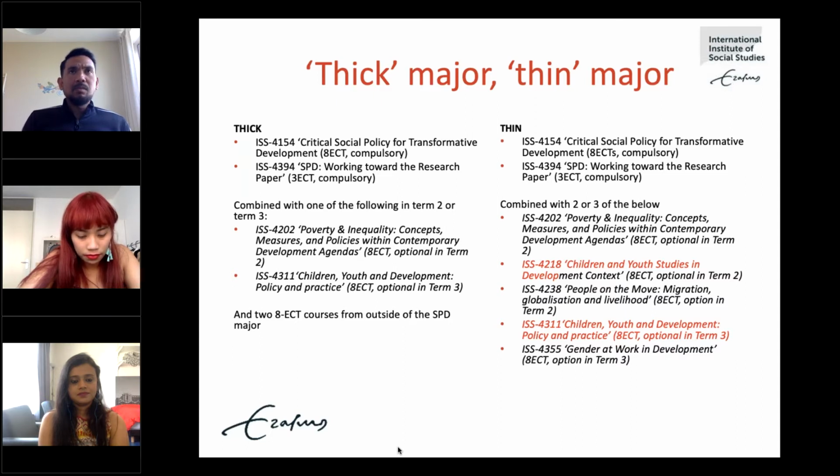And then you can take, oh, these should be the other way around. Sorry, this is thin. You could take 2 other 8-credit courses from outside of the SPD major. So in fact, it's mislabeled. That's the thin option, meaning you're doing just a few courses to fulfill the SPD requirement, but then you're taking courses from outside SPD as well.